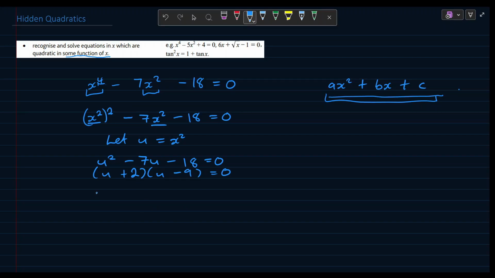So we get u plus 2 is equal to 0 and u minus 9 is equal to 0, so u is equal to negative 2 and u is equal to 9. But we're not done here, because our original equation is in terms of x, so we want to solve for x and not u. So we reverse our substitution to go back to x.